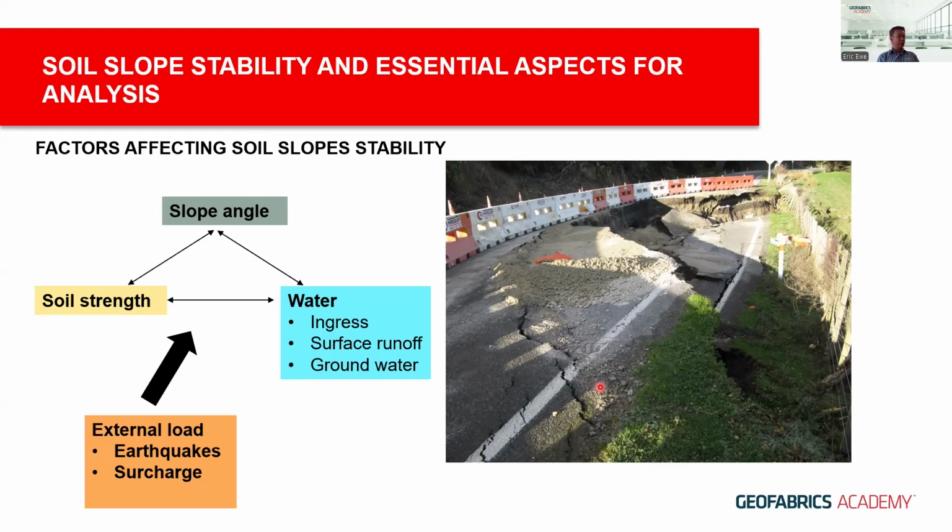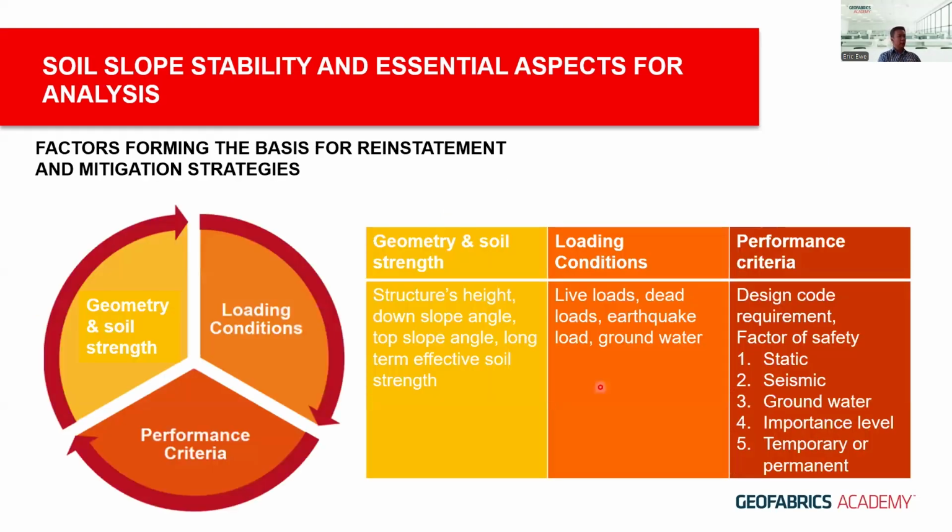And the natural soil shear strength of the material itself. And of course, the other factors, external loads like earthquakes or surcharge, okay, in a nutshell. And if you look at it in another form, these are the conditions and form the basis for the reinstatement and mitigation strategies.